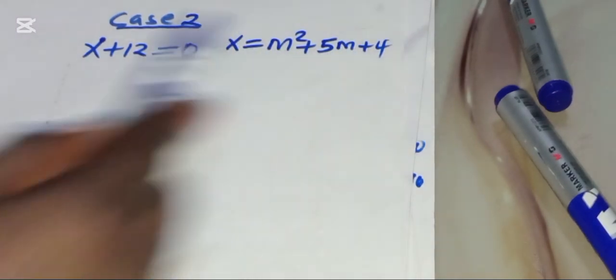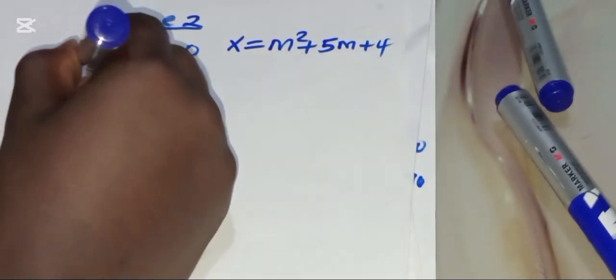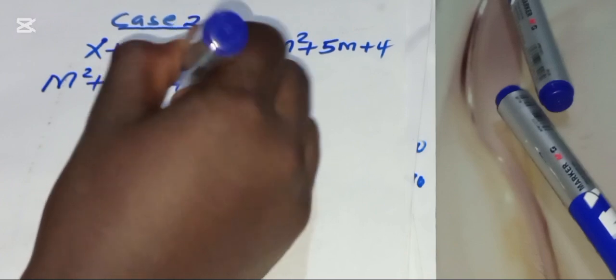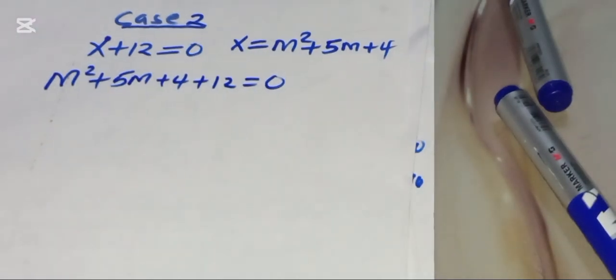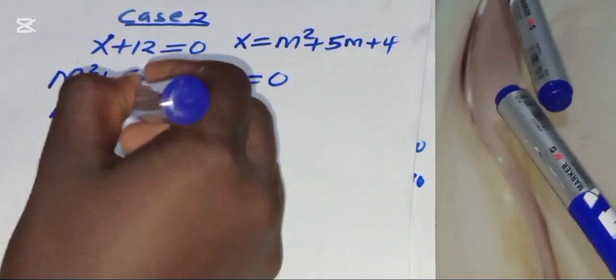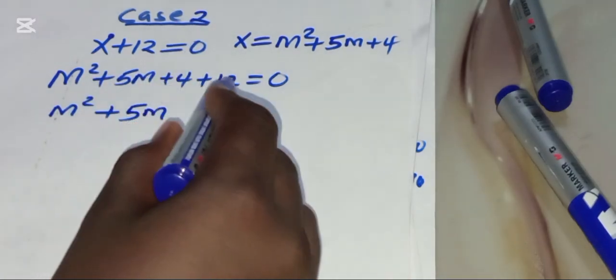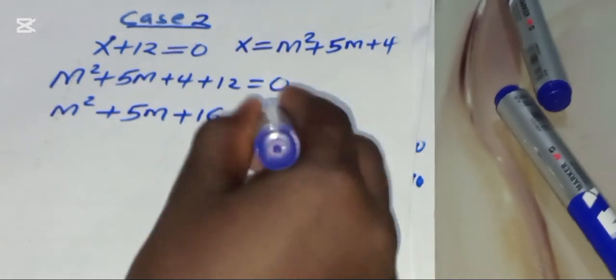Substituting the value of x with m squared plus m plus 4, you'll have m squared plus 5m plus 4 plus 12, this is equal to 0. So we'll have m squared plus 5m, now we have 4 plus 12, and this is equal to 16, equal to 0.